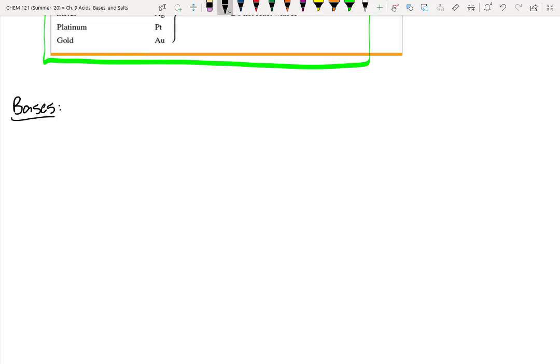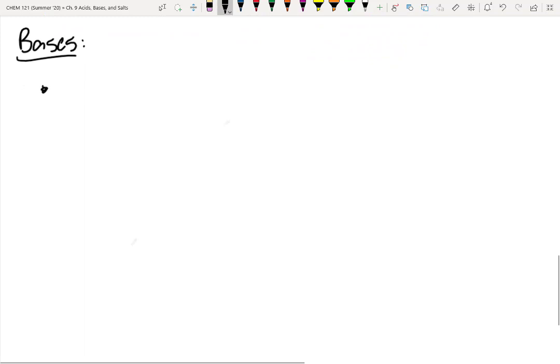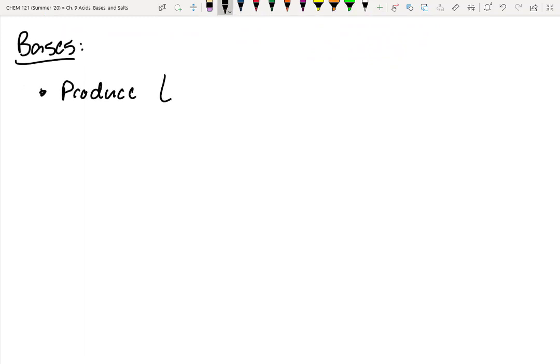Okay, with bases, the first bullet point is going to be really straightforward. They produce hydroxide in water, right? So we know that's the definition of base, all right? And they often taste bitter, all right?